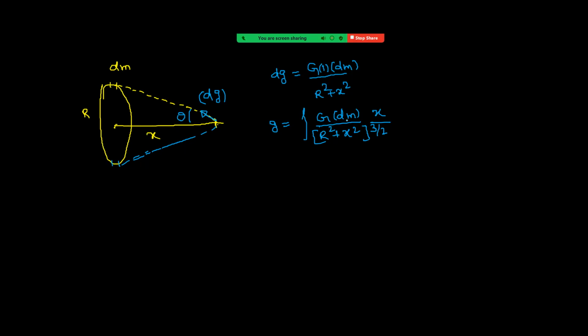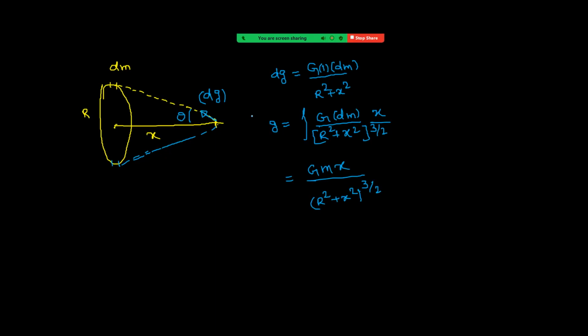And integration of dm gives the mass of the entire ring. Therefore, it is equal to g m x upon r square plus x square whole power 3 by 2. And the direction is along the axis, towards the center of the ring. Okay.